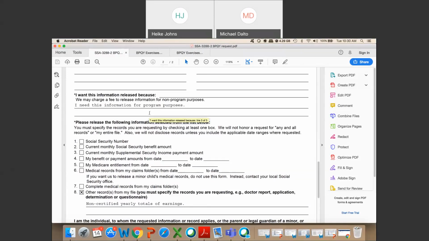One field in the BPQY is an IRS earnings record. So that's data taken directly from the IRS. And that's why two different release forms are needed. One for Social Security data, the second for IRS data.